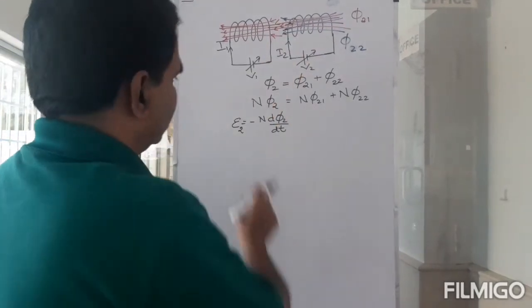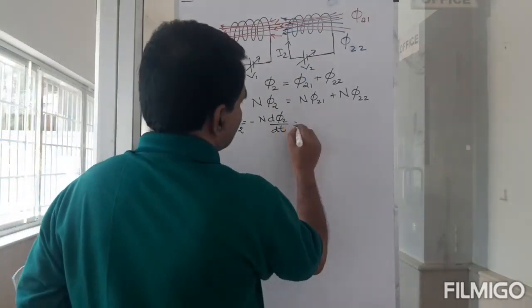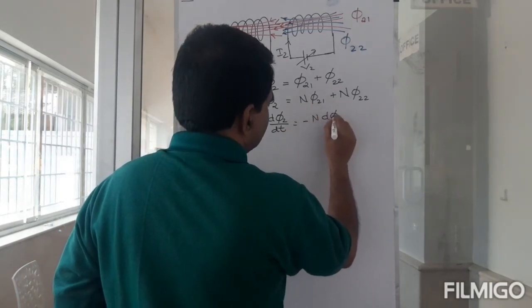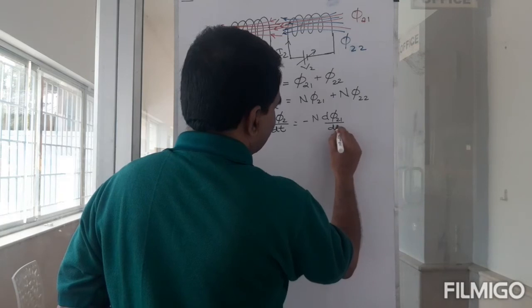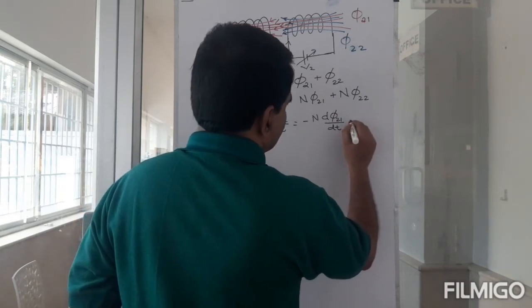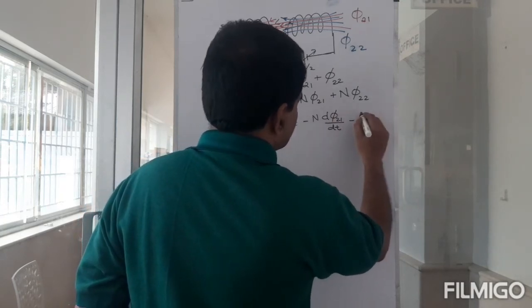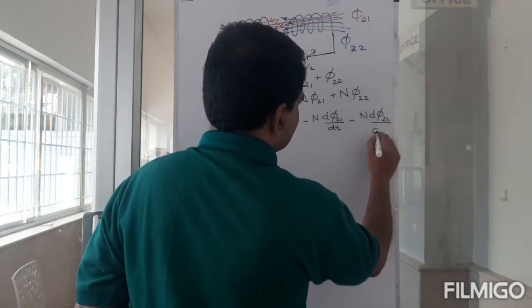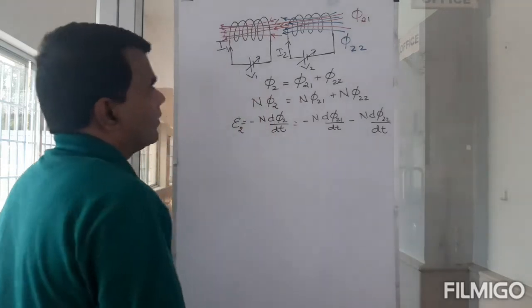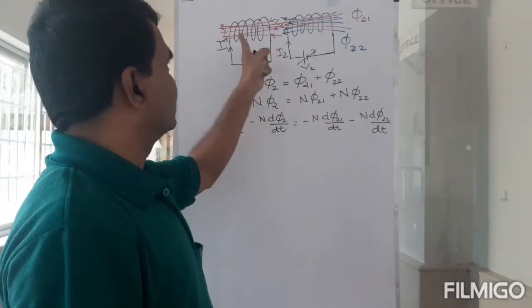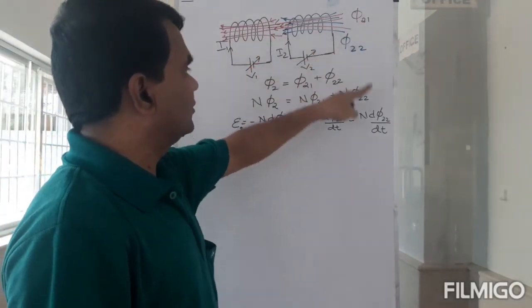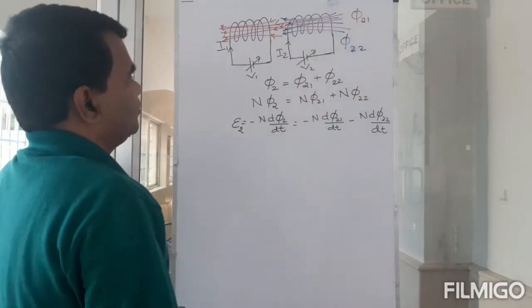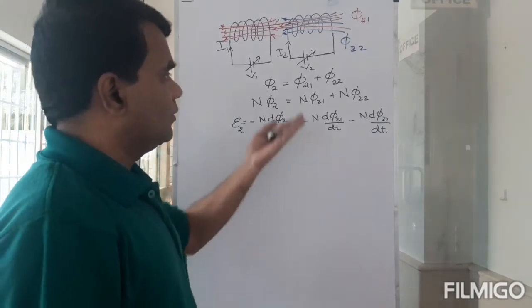This is equal to minus N d phi 21 by dt and minus N d phi 22 by dt: the rate of change of flux due to this current and the rate of change of flux due to this one. Okay? So, what do we know?